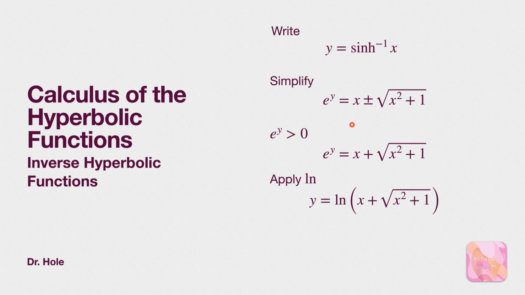And then recall that y is the inverse of hyperbolic sine, and hyperbolic sine was defined in terms of exponentials. And we're finding that inverse hyperbolic sine is defined in terms of the natural log. Very good.